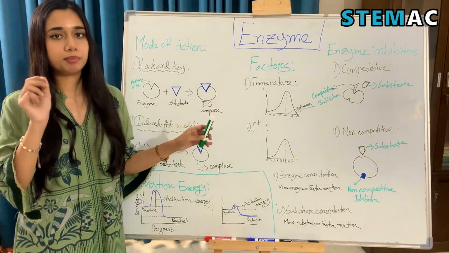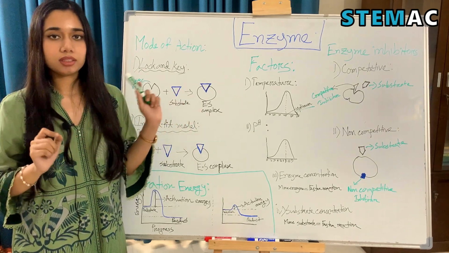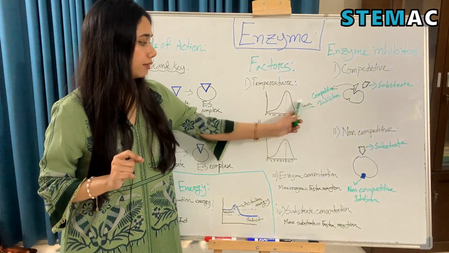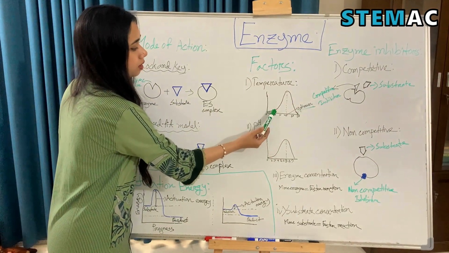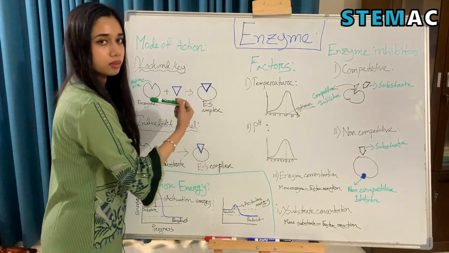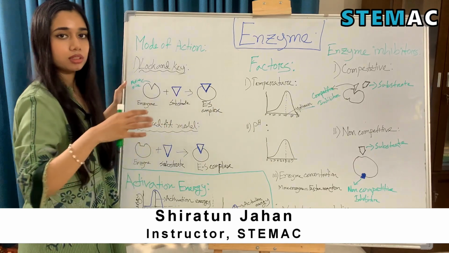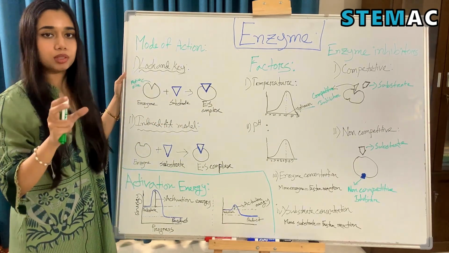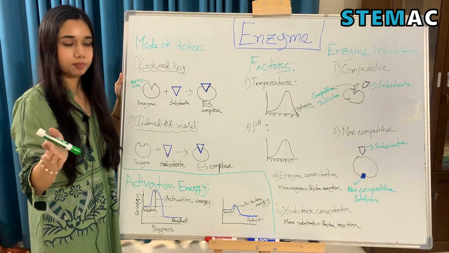Now, there is a temperature at which an enzyme will work its best, and that is called an optimum temperature. So, here we can see that we have an optimum temperature. In this figure, we can see that at low temperature, the enzymatic action is near 0, right? And as the temperature increases, collisions will happen much more frequently. So, a substrate will collide with the active site of an enzyme.